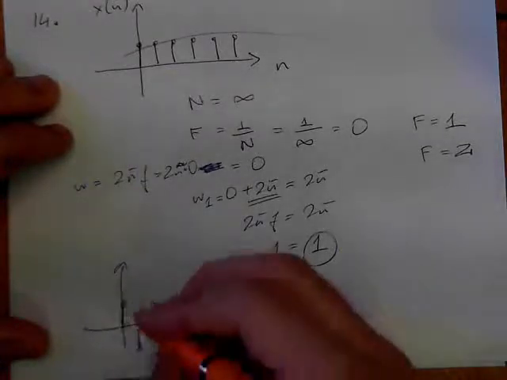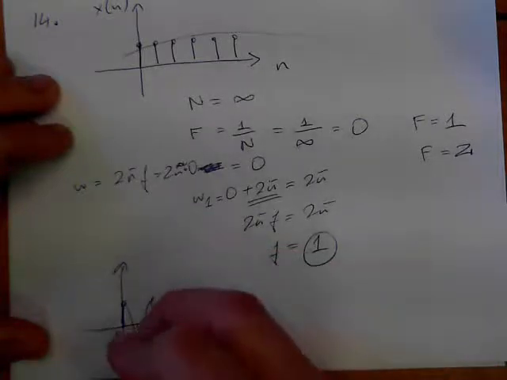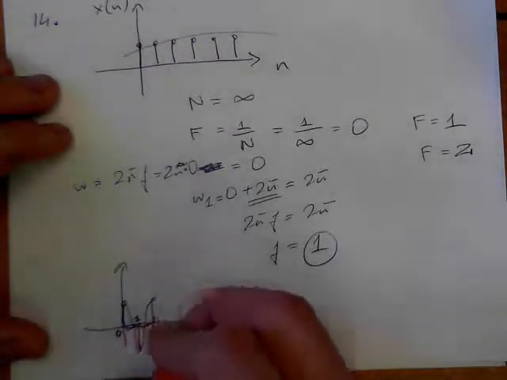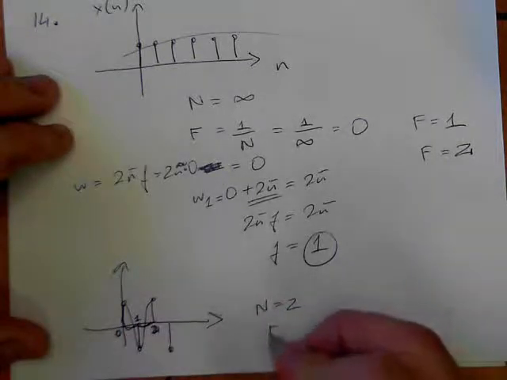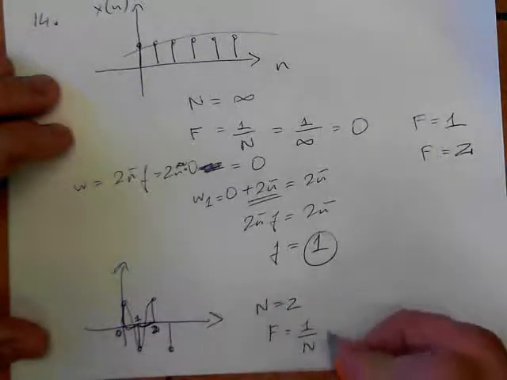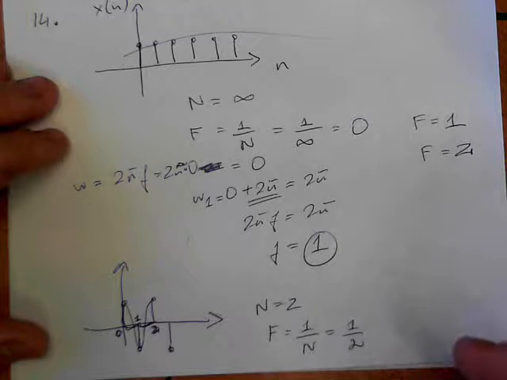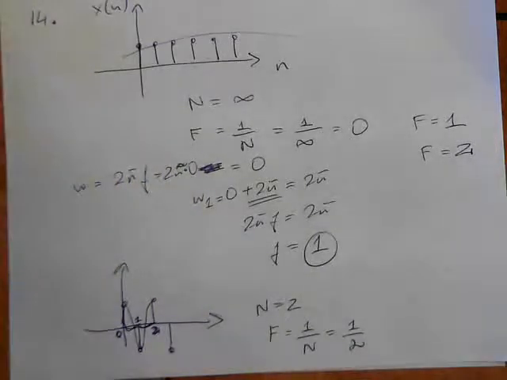So from maximum to maximum, this is 0, this is 1, this is 2. So we have two spaces, so n is 2, we have one cycle, so f is 1 by n, 1 by 2, and it is a half. So other signals you can find in the book.